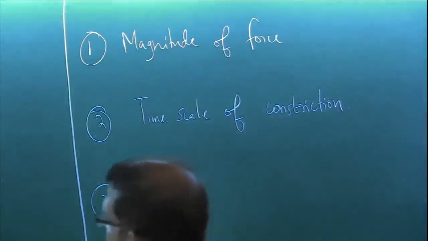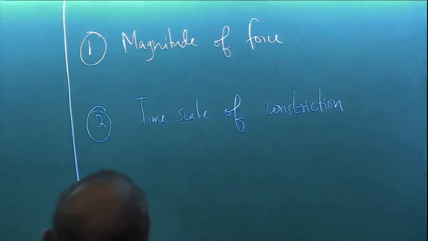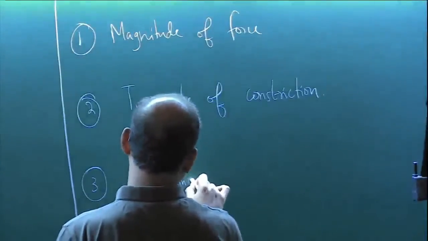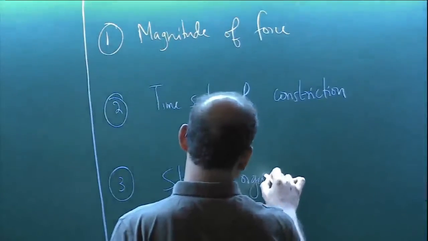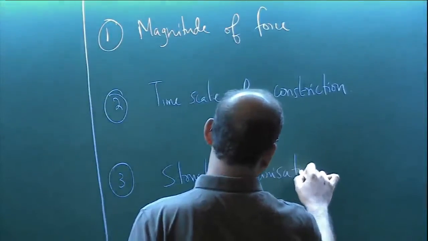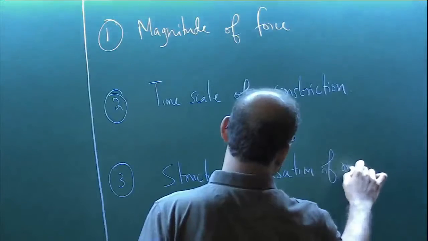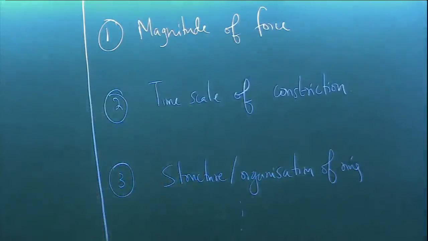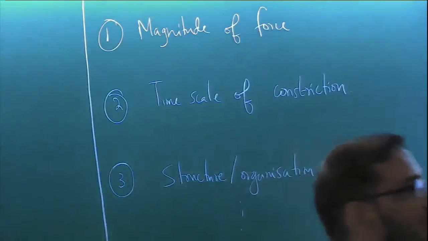And what else could be there? Maybe the structure or organization of the ring, etcetera. So the force is one of the first questions that a modeler would try to answer. Okay, and so this is a very basic zeroth order kind of estimate that we have done here.